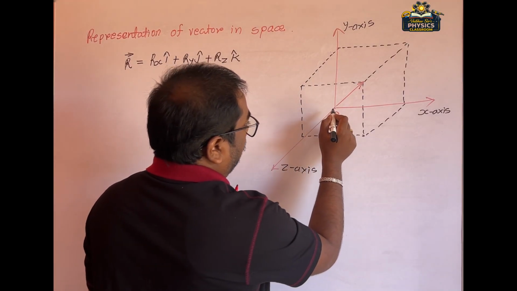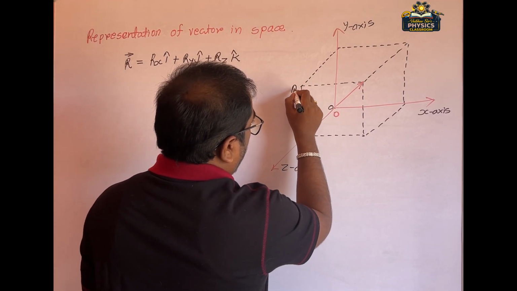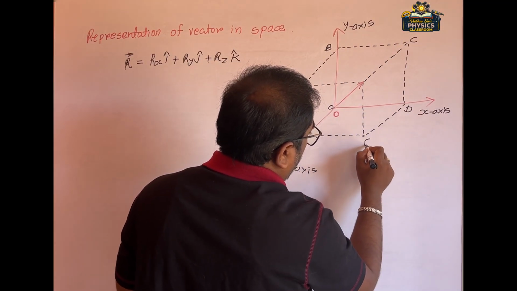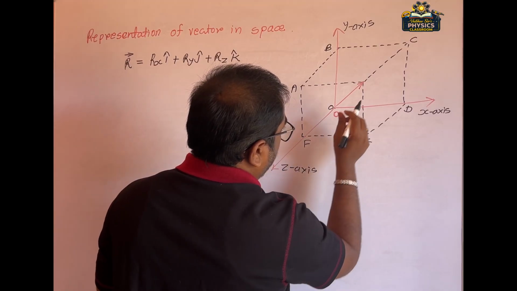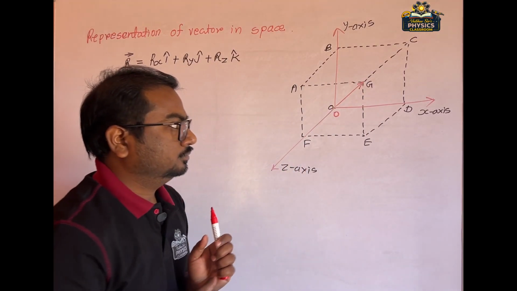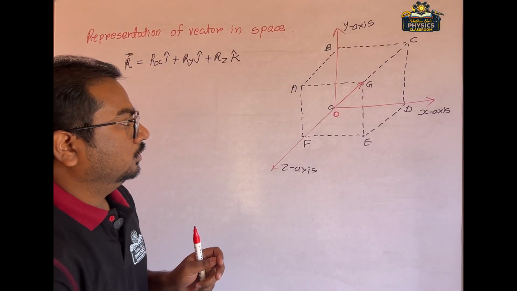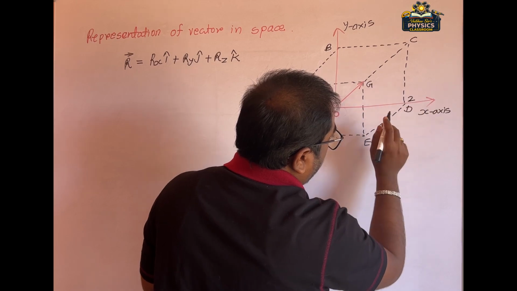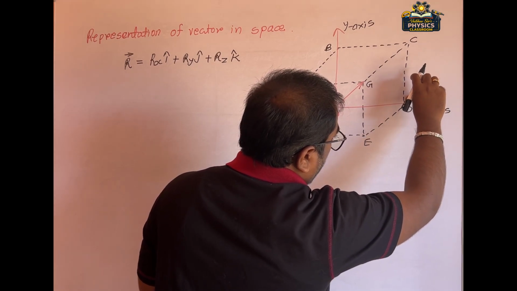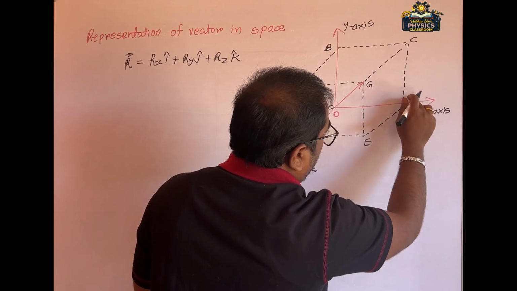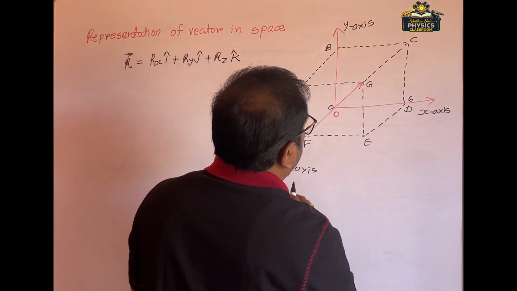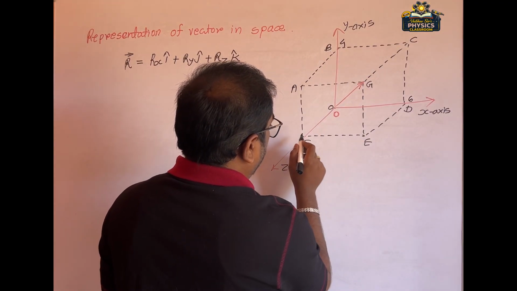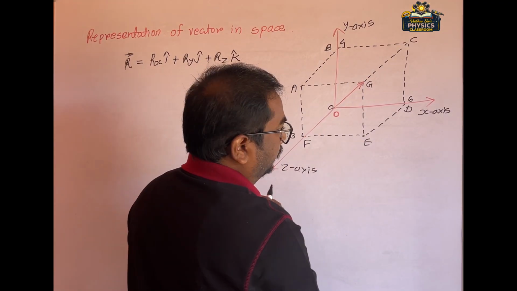I am giving this O, A, B, C, D, E, F, this is G. And this value will be 6 unit, 4 unit, and this is 3.